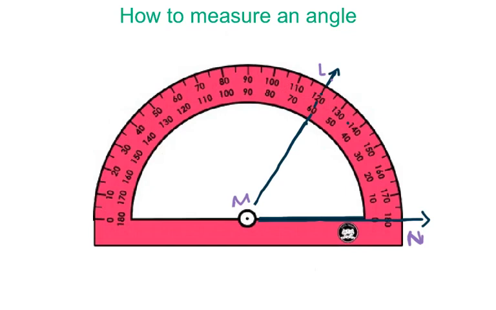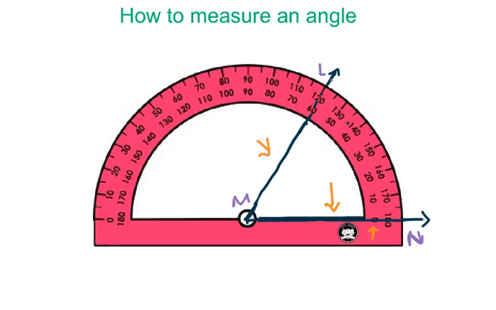After taking a look at my angle, thinking it's acute, I've lined one ray, one arm, up flat on my zero. One of my arms crosses the line at zero. Then I look and see where my other arm crosses, what number.